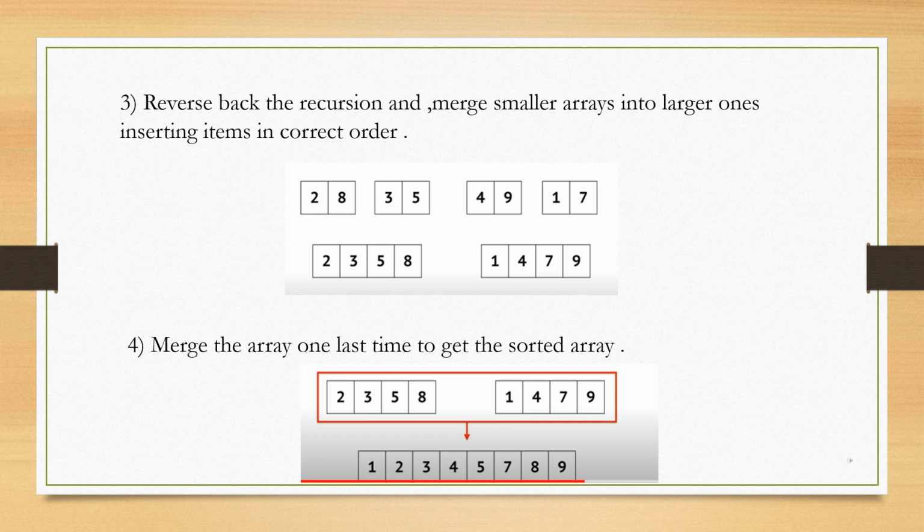Reverse back the recursion and merge smaller arrays into larger ones, inserting items in correct order so that you get the final merged array, which is 1, 2, 3, 4, 5, 7, 8, 9.